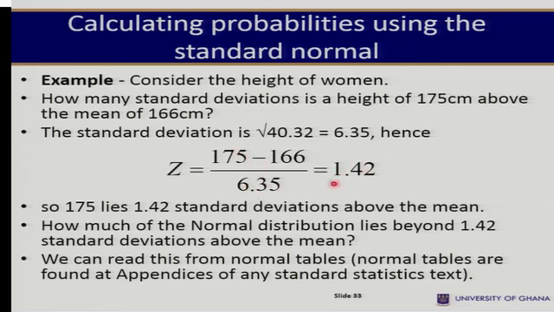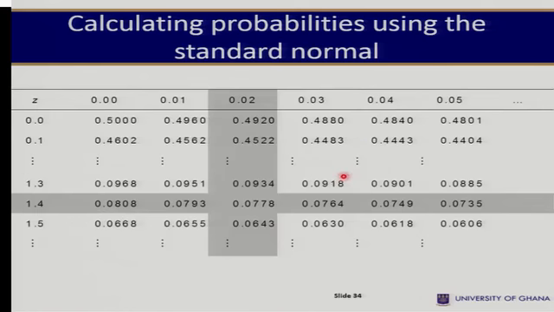So our z of 1.42 corresponds to x of 175. Now, you read for the z in the table, and this is the table. This table that I'm illustrating gives us the area to the right.